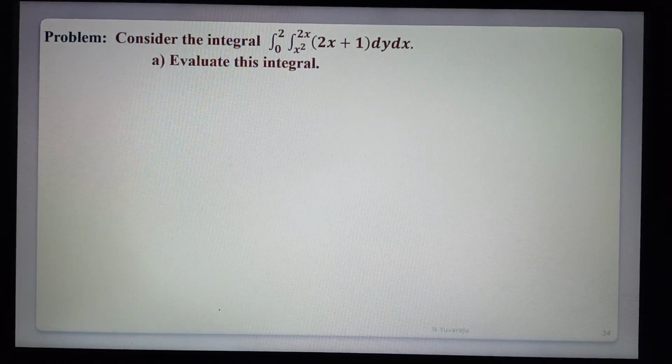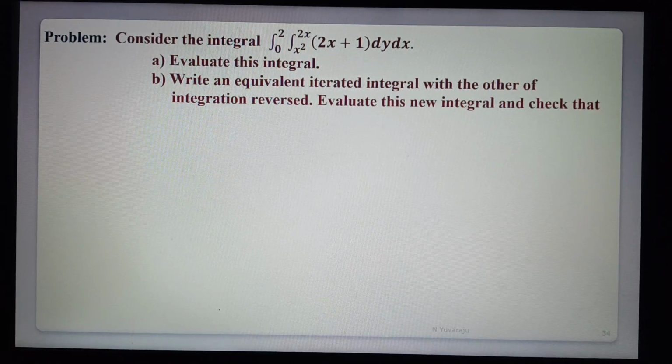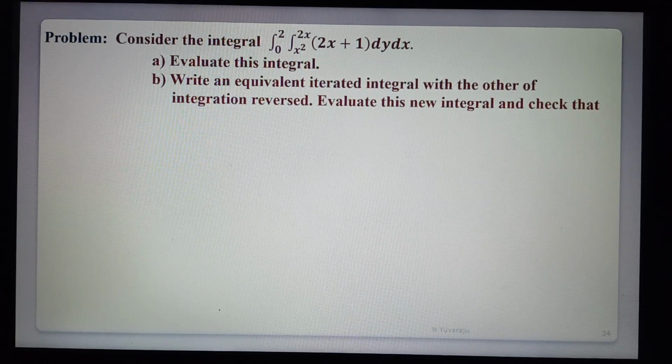So first of all evaluate this integral directly. Write an equivalent iterated integral with the order of integration reversed. Evaluate this new integral and check that your answer agrees with part A.